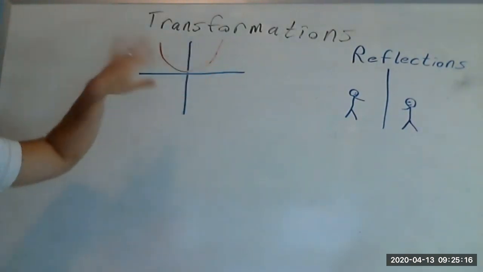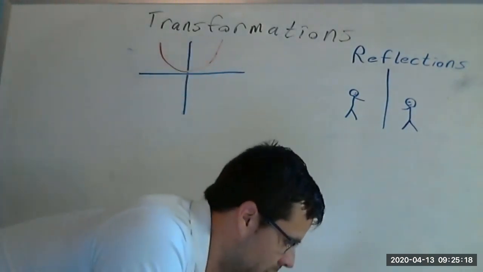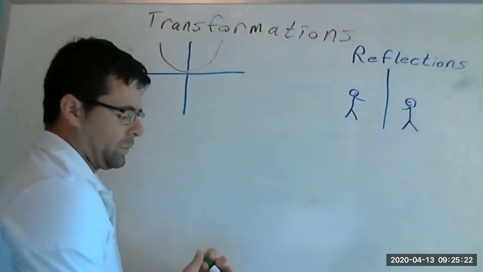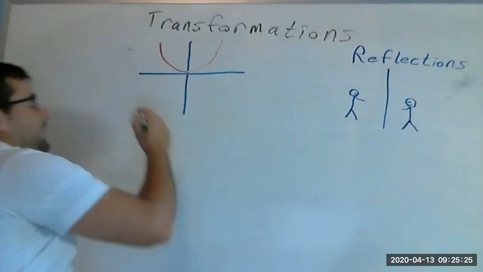We take this red line and we're going to flip it. On this one, we'll do it over the x-axis.